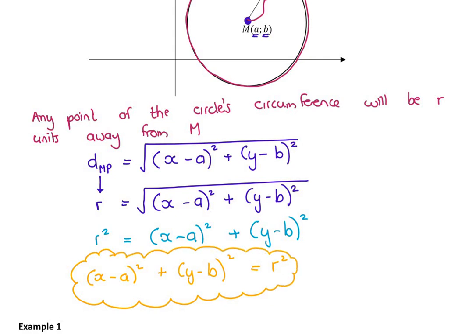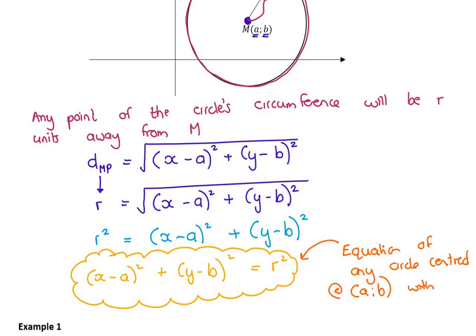And this is on your formula sheet. So this is the equation of any circle centered at (a, b). So let me write that in. This is the equation of any circle centered at (a, b), and it has a radius of r.